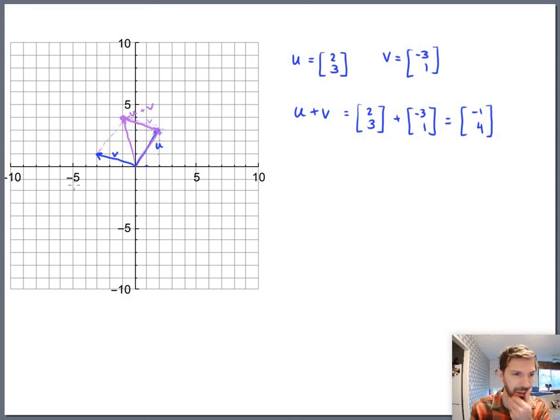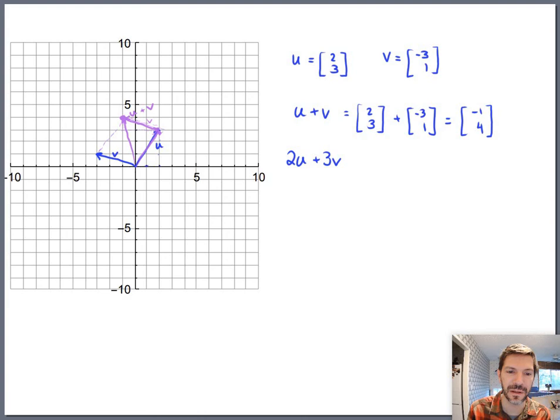Okay, let's go on and let's just try one more. We should be able to do something like 2u plus 3v. We should be able to do this both graphically and numerically. Let's try doing this one graphically first. So let's do 2 u's.